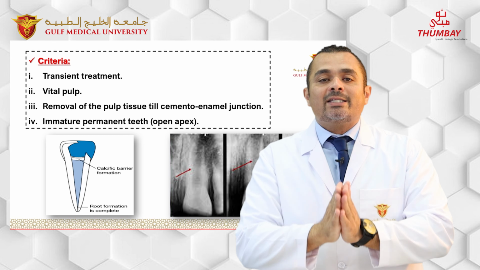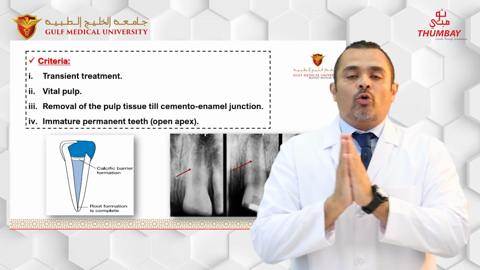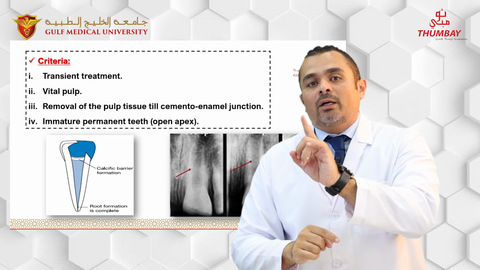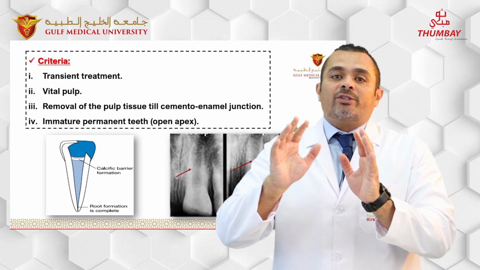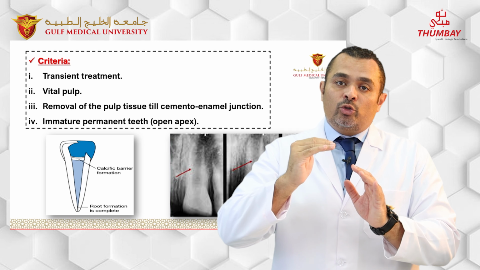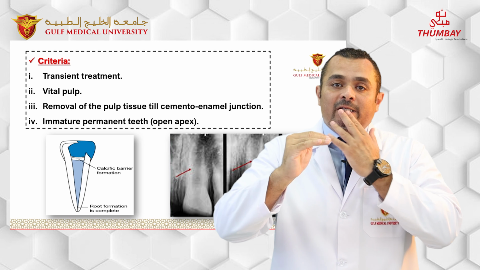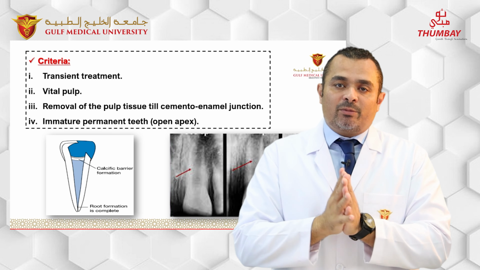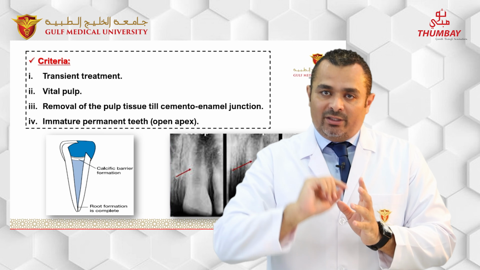This is what's called apexogenesis, for the vital young permanent tooth. Some textbooks call it calcium hydroxide pulpotomy, because you can use MTA, calcium hydroxide or Biodentine. Traditionally speaking this is pulpotomy, but it's calcium hydroxide pulpotomy in young permanent teeth.